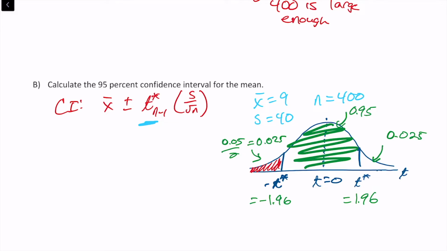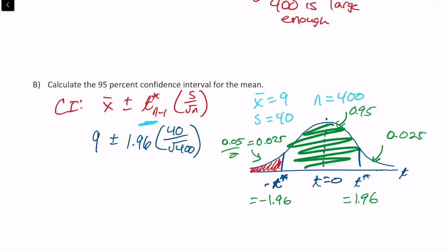All right, here we go. So then we do, let's go different color. Our x bar is, excuse me, 9. Sample mean is 9, plus or minus, we're going to calculate this margin of error. It's going to be 1.96 times s, which is 40, divided by the square root of 400.